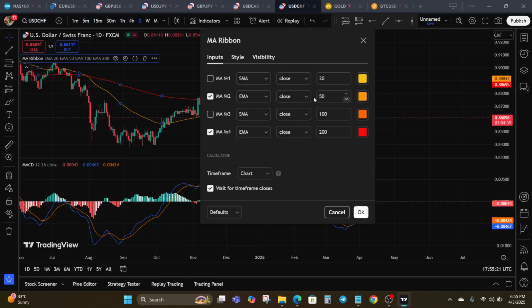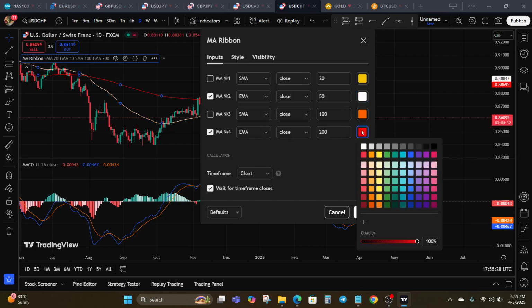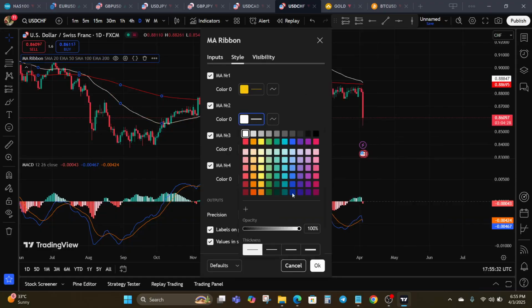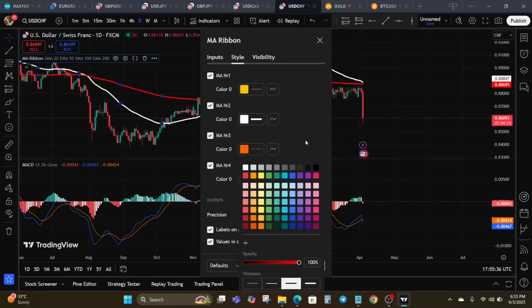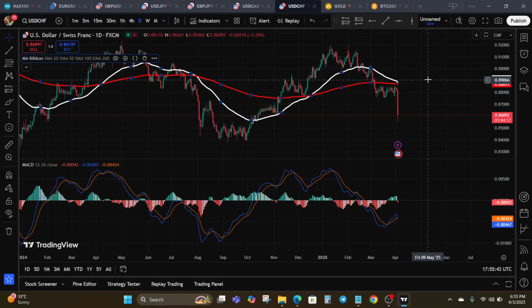Let's increase the thickness of this. All right, so we've added the 50 and 200 EMAs to the chart.